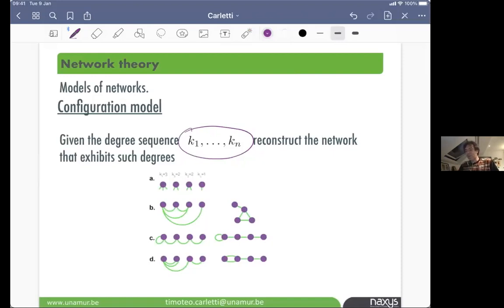You can have different cases. Here you have some that are very simple, like this one, but some that look more like a network. With a large number of nodes it gets more and more complex, and maybe sometimes you don't have a solution. So this is a heuristic algorithm that provides you a possible network.